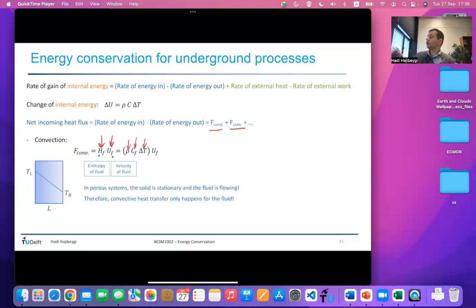It's very much similar to what we did in the atmospheric science part, in which we wanted to know what the temperature of the air parcel would be if I climb 1 kilometer up or bring it down 1 kilometer lower. So after this break, I'll be going to mathematical formulations related to 1D thermal flow in the porous system. Okay, so I'll be back in a second.